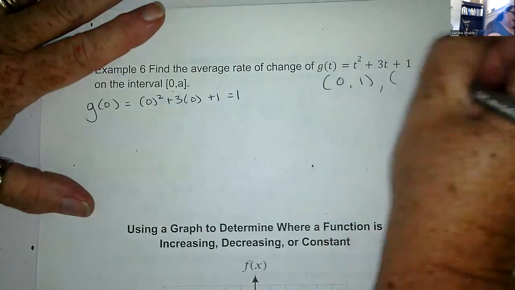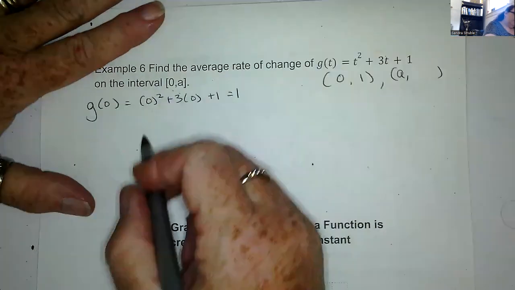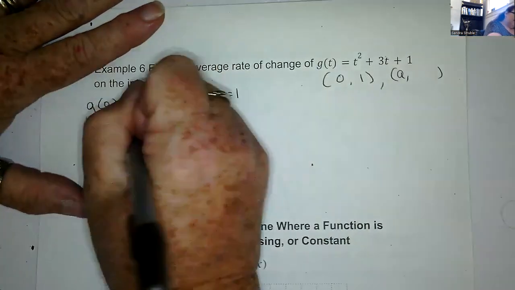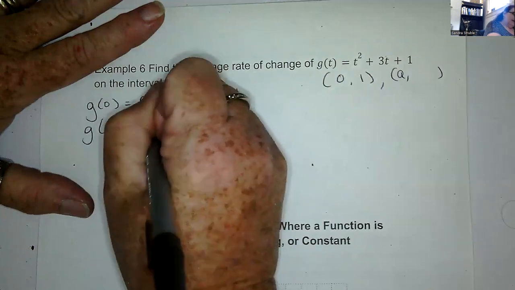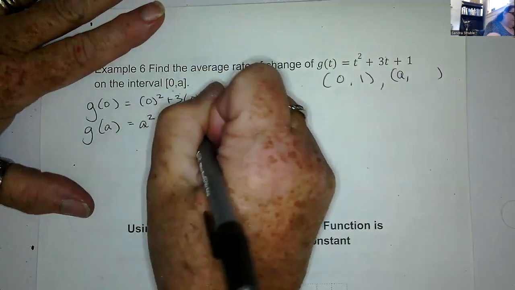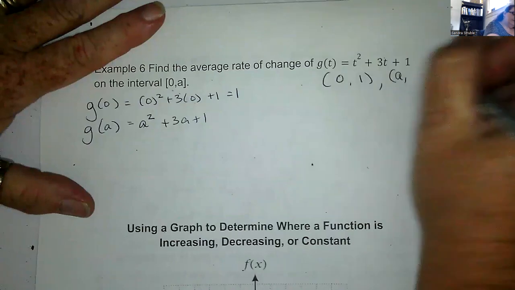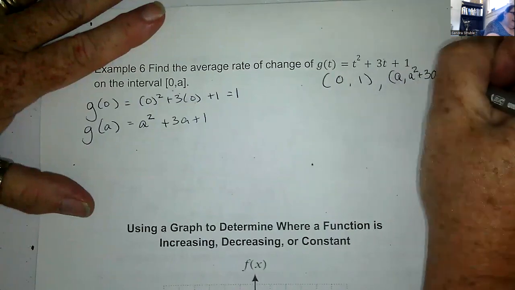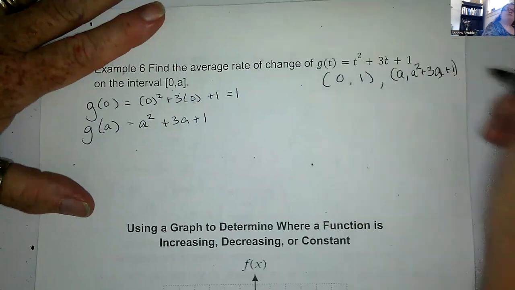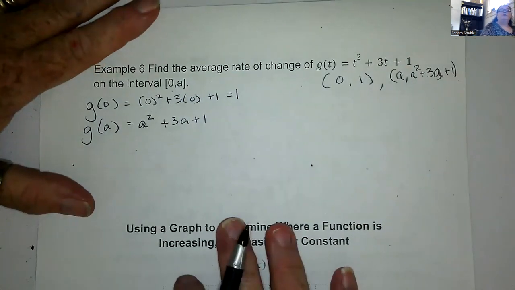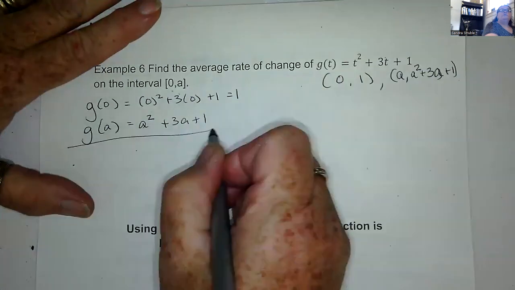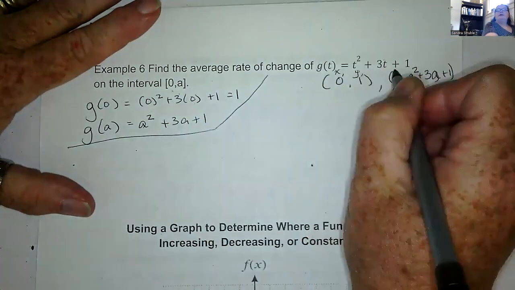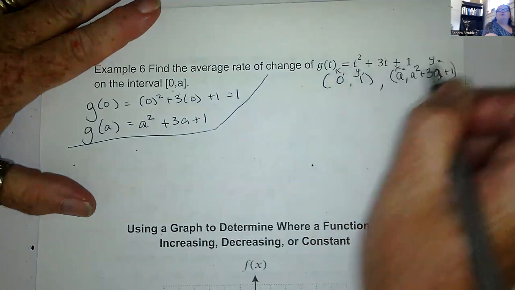Our second ordered pair is going to be a, and then whatever that comes out to. So g of a is just everywhere there's a t, we're now going to have an a. So it's, oh, I did leave myself enough room. A squared plus 3a, plus 1 is my second ordered pair. All right, so now I can use my rate of change, x sub 1, y sub 1, x sub 2, y sub 2.